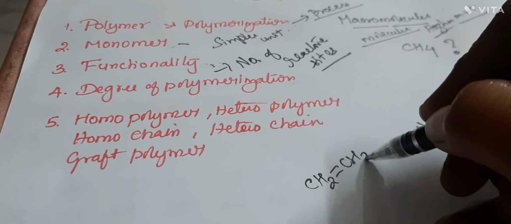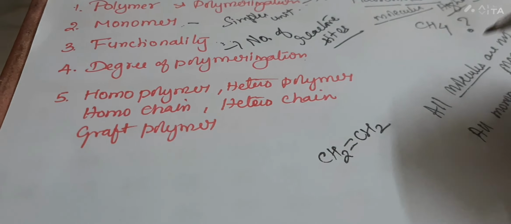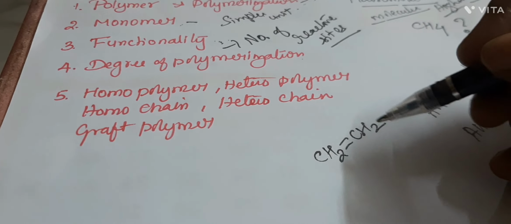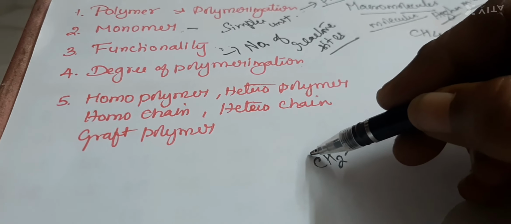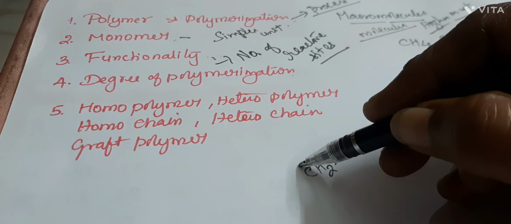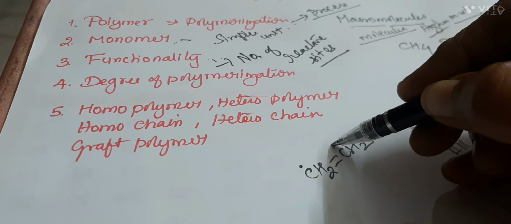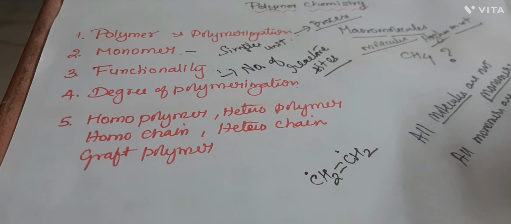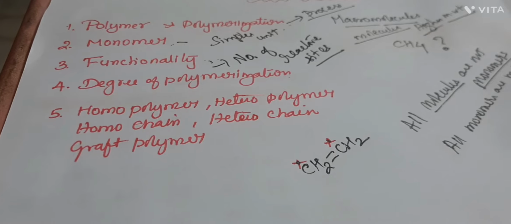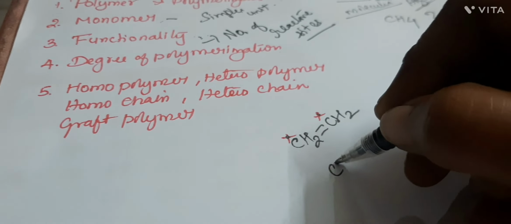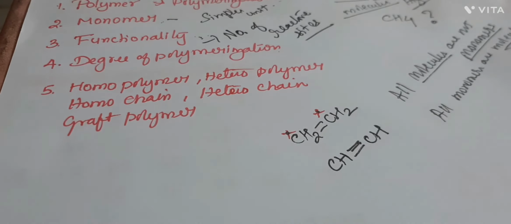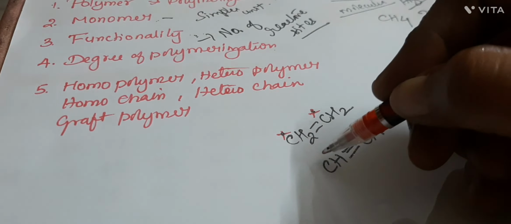This is ethene, CH2 double bond CH2, also named as ethylene. It has two functionality. It has a double bond, so the reaction can occur at this carbon as well as at this carbon. So the functionality is 2. As well as for acetylene, also called ethyne, the functionality is 2.